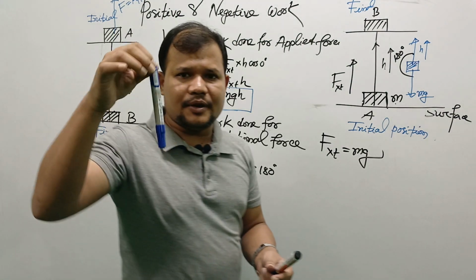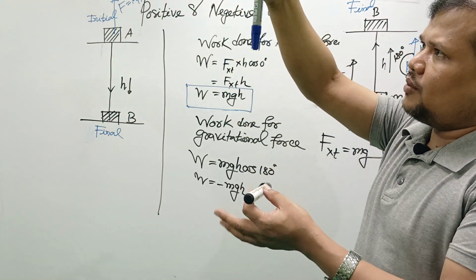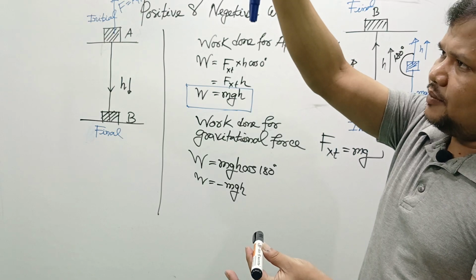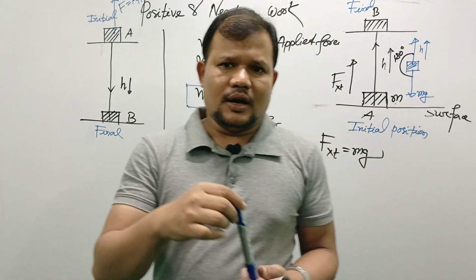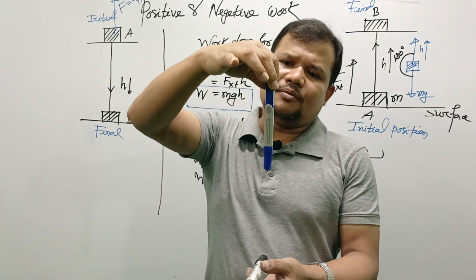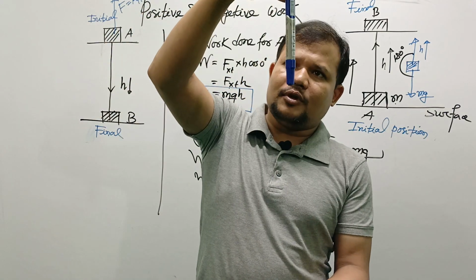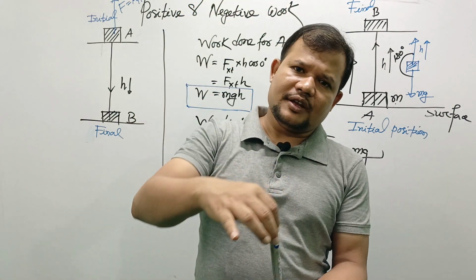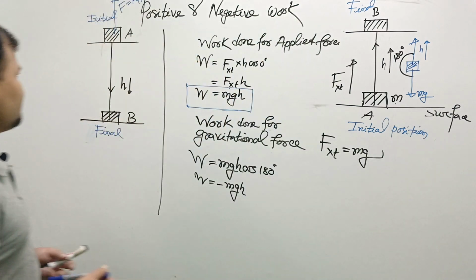Suppose this is my pen, and if I take this pen from this point to this point, the direction of the applied force is always upward. If we take the object from here, the direction of the applied force is always upward. You just try to understand.